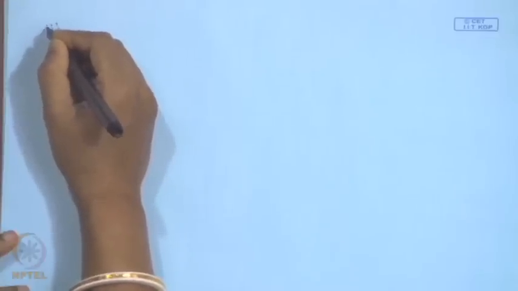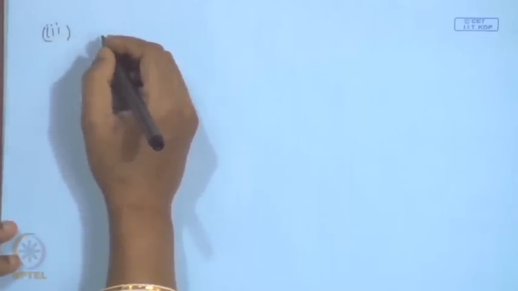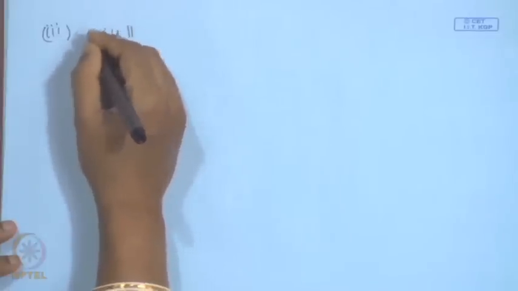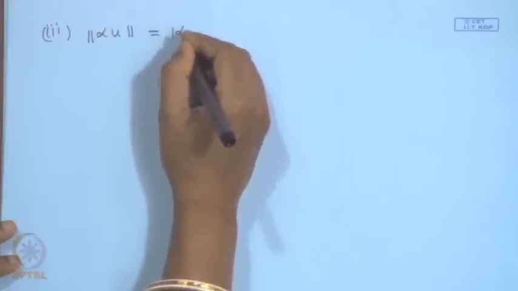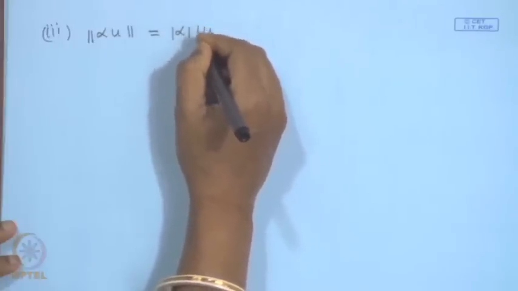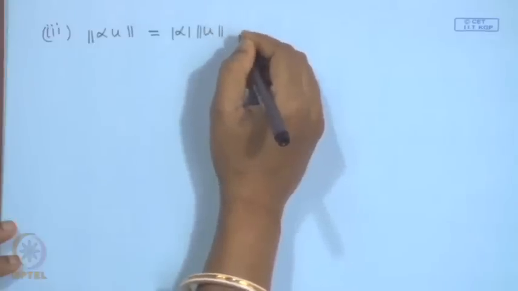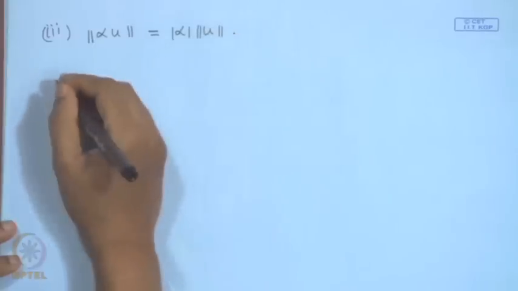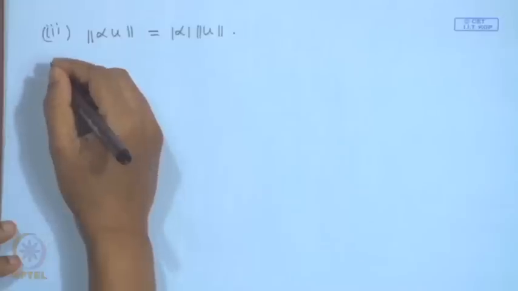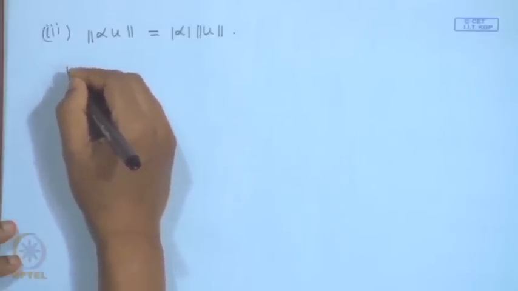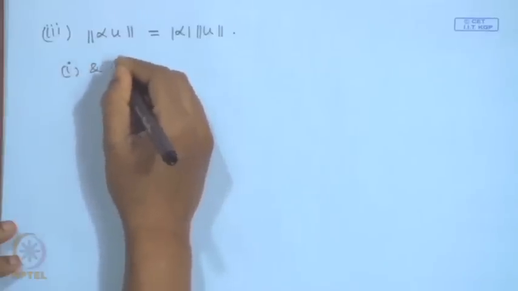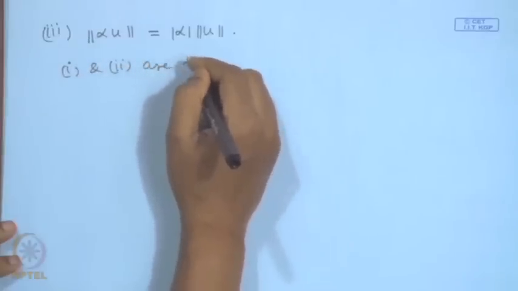The third result is norm of alpha u is equal to absolute value of alpha times norm of u. The first and second are trivial.